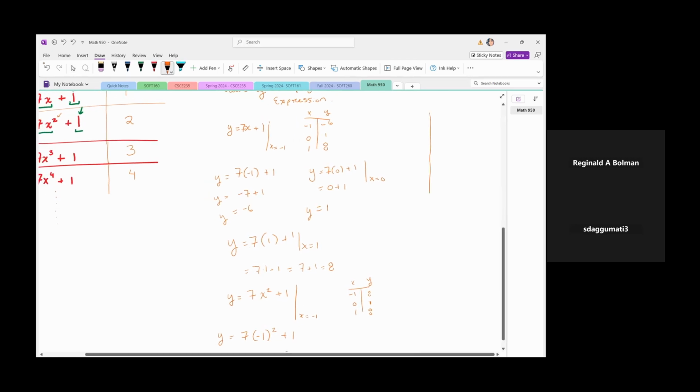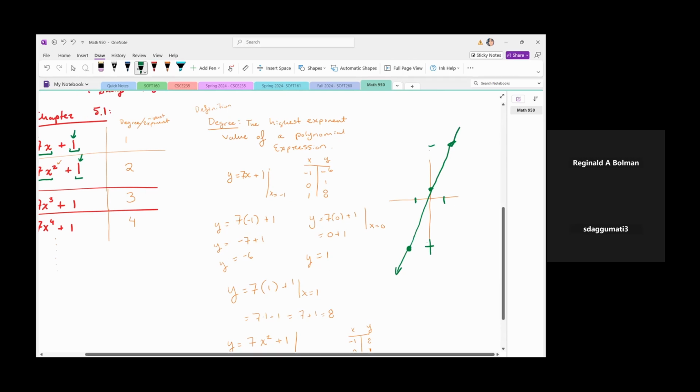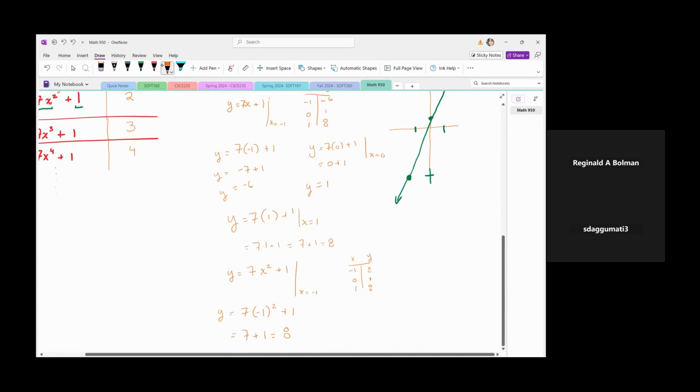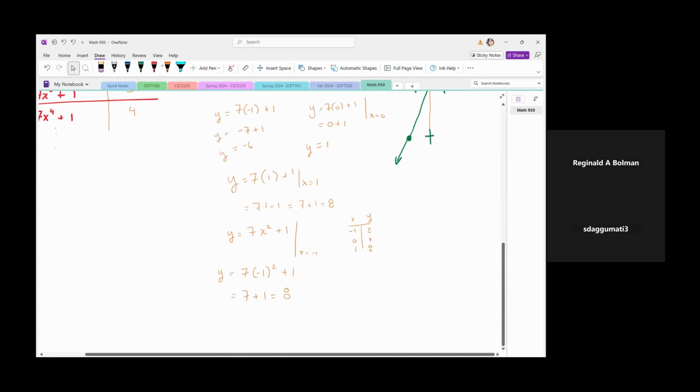So to be clear, for our first equation, we would have -1, and we'd be all the way down at -6, somewhere down here. At 0, I would be at 1, and at 1, I would be all the way up here somewhere at 8. So you get a straight line as being the geometrical representation of the behavior that emerges from this particular system. But for our second equation, if we were to plot this, we'd get a rather different looking set of behaviors that emerges.